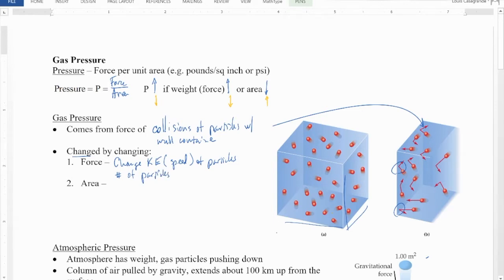So if we increase the number of particles at the same average speed, then we're also going to change the pressure. And you can also change the area. And changing the area, as we saw in the FET, comes about from a change in the volume of the container, which will change the surface area inside the container.